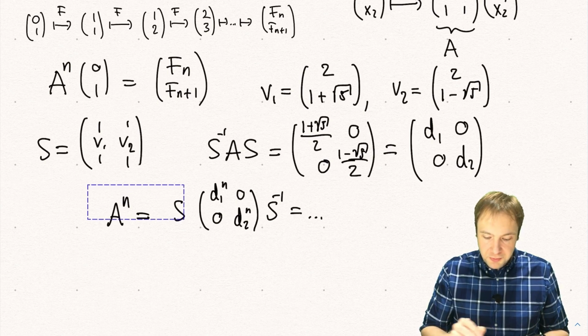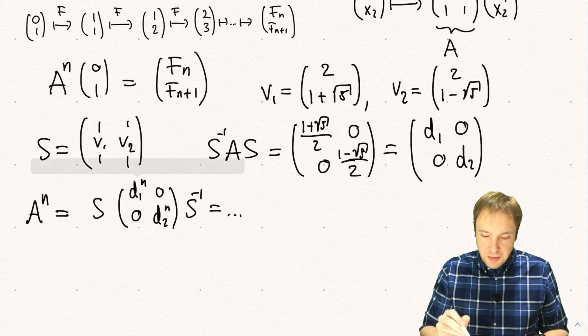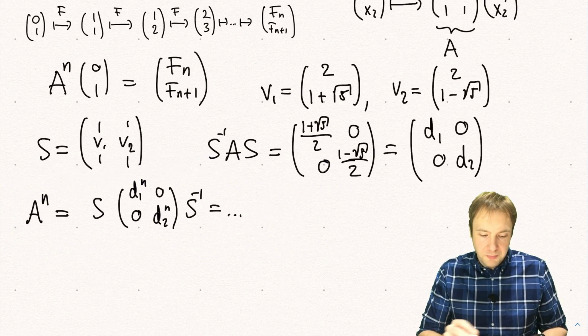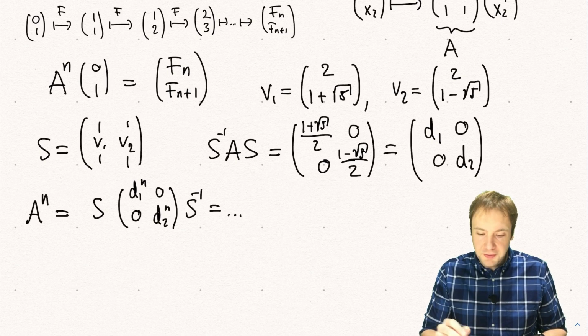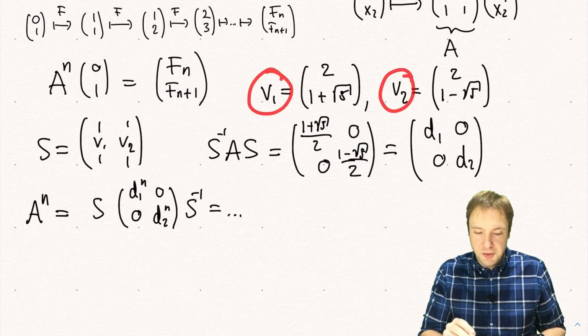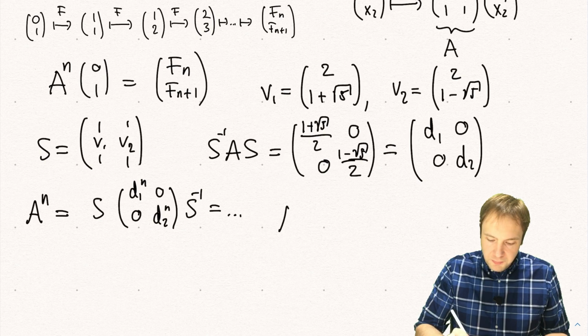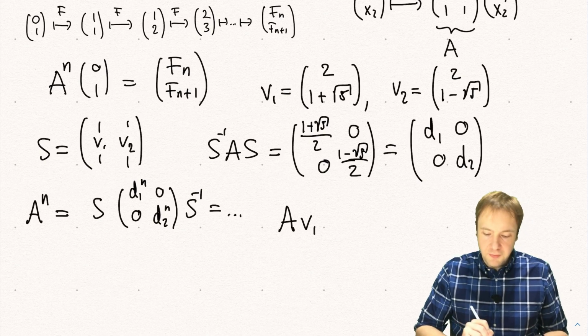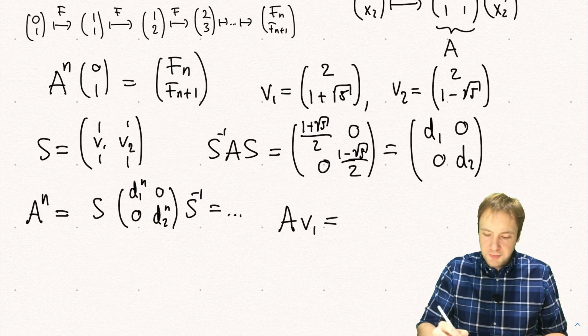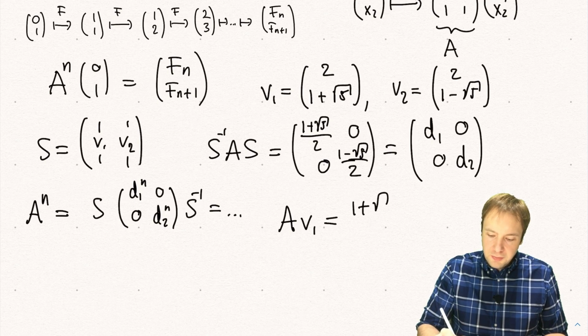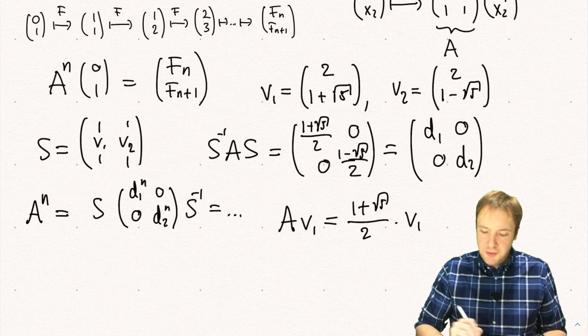So what does this have to do with eigenvectors? Well, in this example, the reason why this works is that these vectors v1 and v2 are eigenvectors. If you multiply A with v1, you will see that this is actually 1 plus square root of 5 divided by 2 times v1.